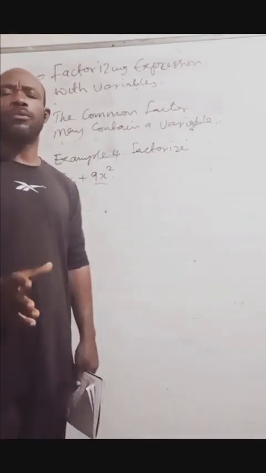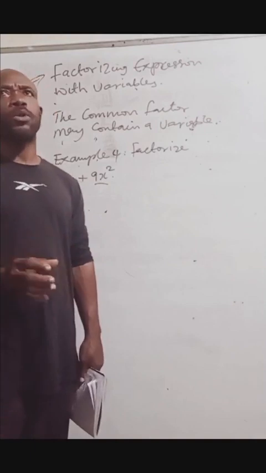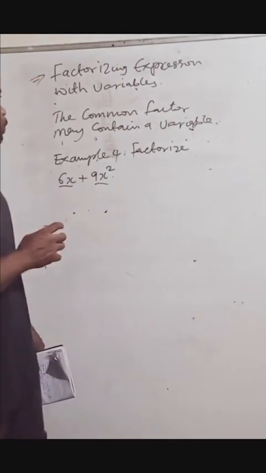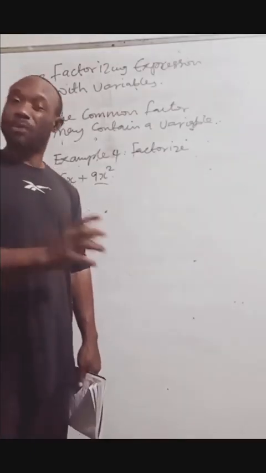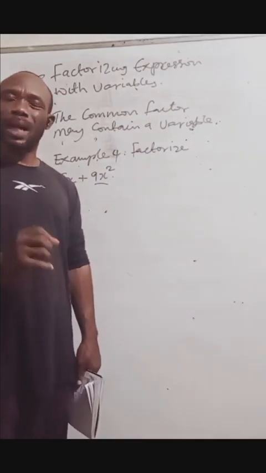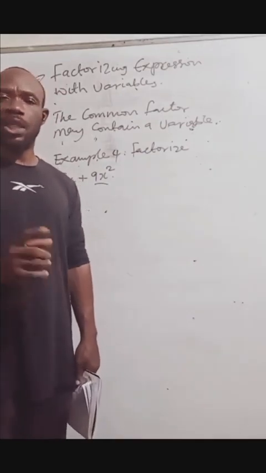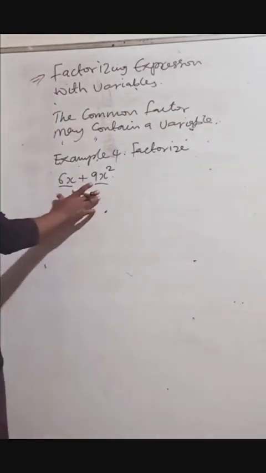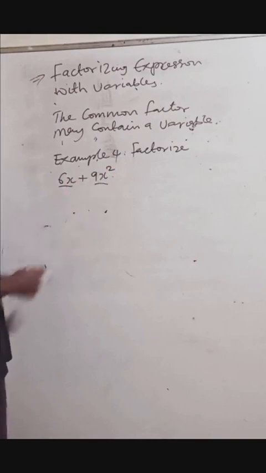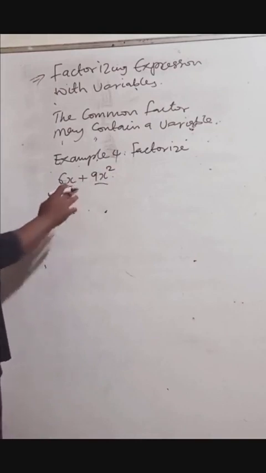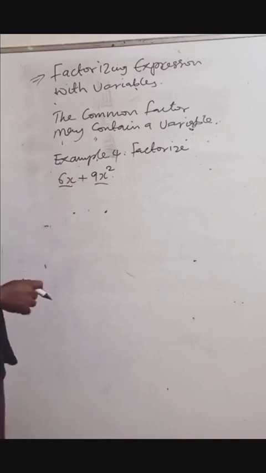The reason I'm looking for the highest common factor is because I want my expression to be in its simplest form. I explained that previously. Okay, so now in this instance, we have 6x plus 9x squared. So we're going to look for the highest common factor of 6x and 9x squared.